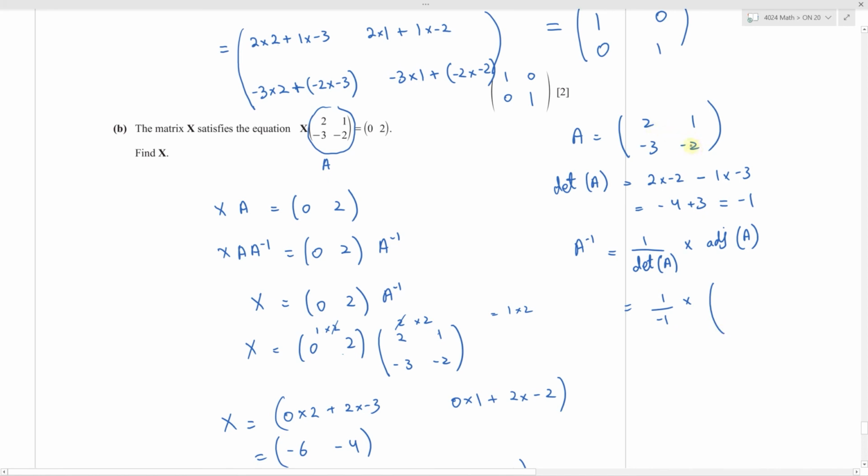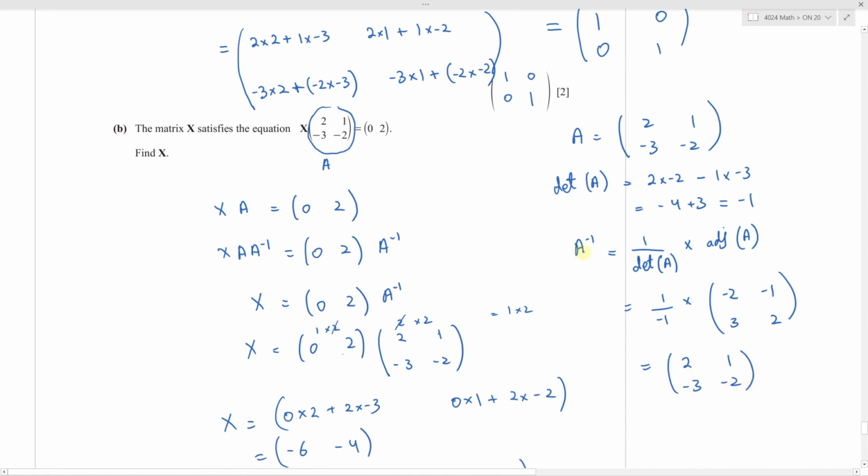Let's swap these positions. This minus 2 comes here and this 2 goes here. And you change the sign of the other two. This becomes minus 1. This becomes plus 3. And this is minus 1. So when you multiply minus 1 inside, all the signs will change. So this will become 2, this will become 1, this will become minus 3, and this will become minus 2.